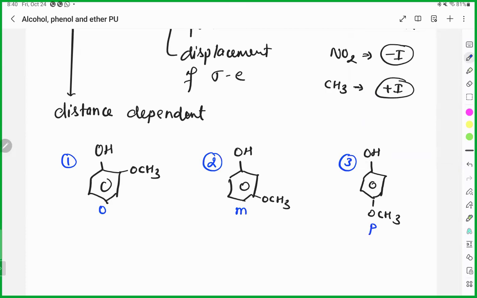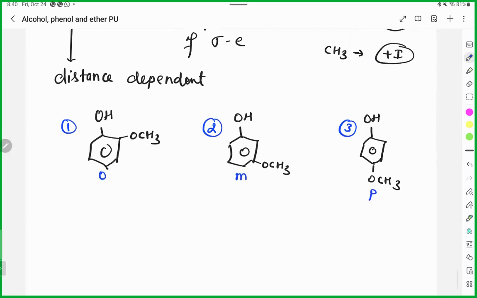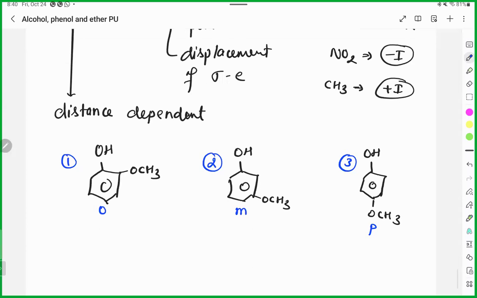Sir, ortho. If you have to tell me where you will see maximum inductive effect, what will be your answer? Try to correlate. It is distance dependent. Less distance, more inductive effect. Far away, you will not see an impact.